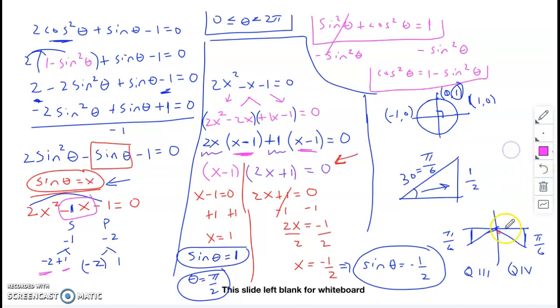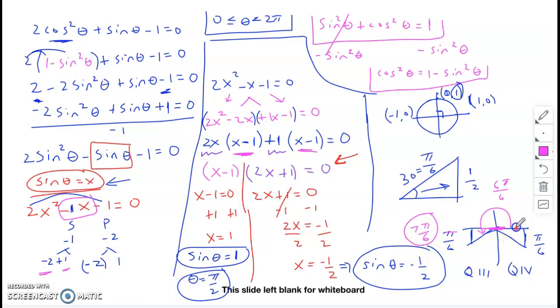Remember, my angles are always from the origin. So this angle, the top is pi, which is 6 pi over 6. 6 pi over 6 plus 1 pi over 6 gives me 7 pi over 6, and that's one of my answers.